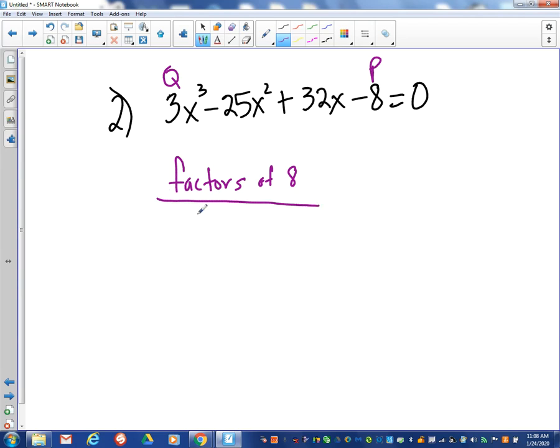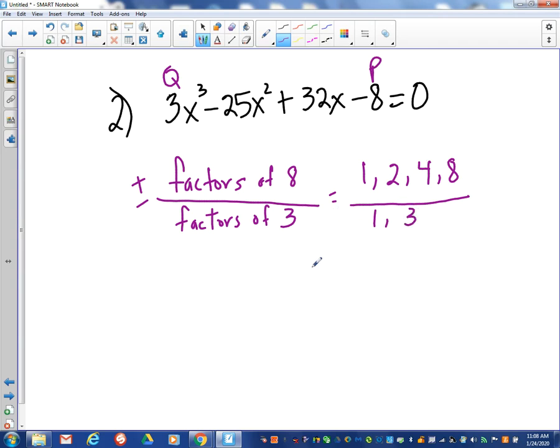We put that over the factors of 3, and you're going to use a plus or minus in between when you list them. So factors of 8 are 1, 2, 4, and 8. And the factors of 3 are just 1 and 3.